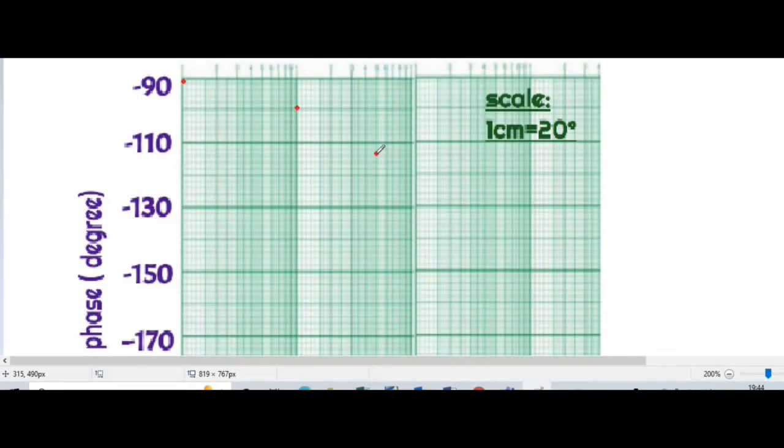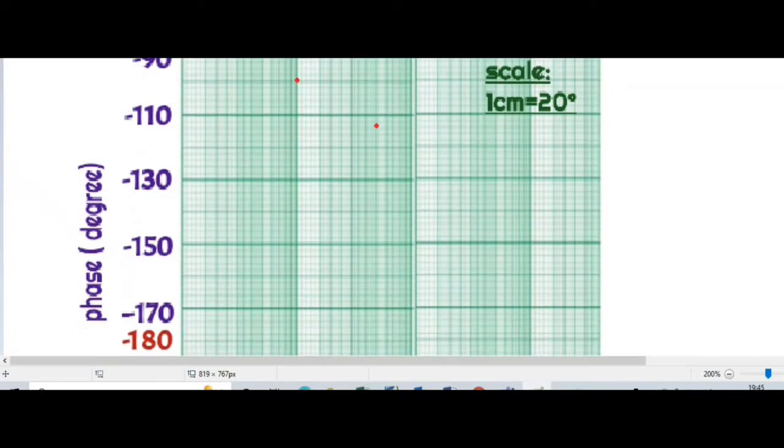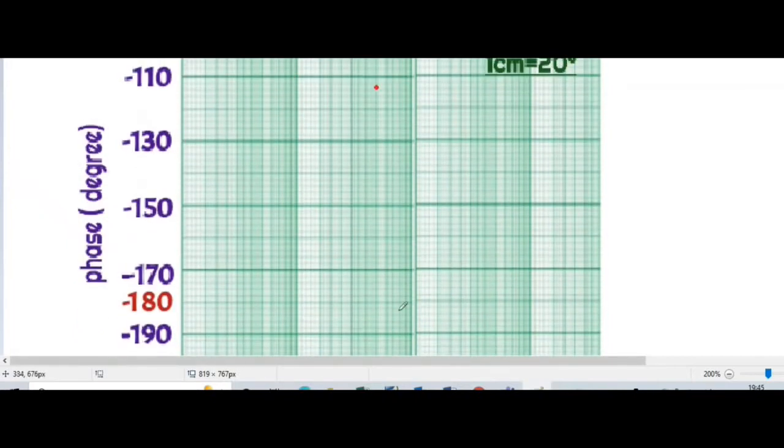So minus 114. Then for the frequency 10, this is the range for the frequency 10, it is minus 186 degree. So for this 186 degree, if we move below, here is the 180, and after that we have to move 3 millimeter below. So here is the point.